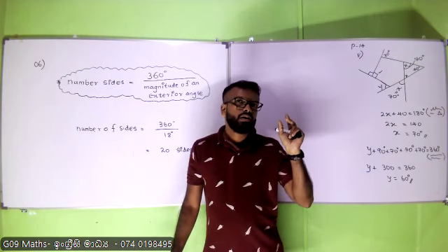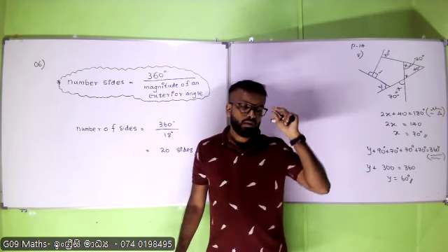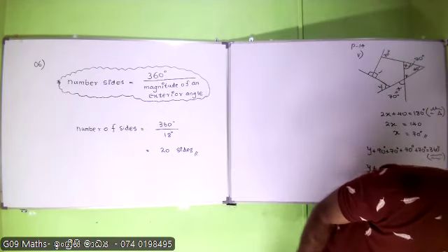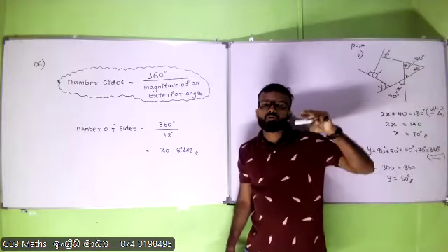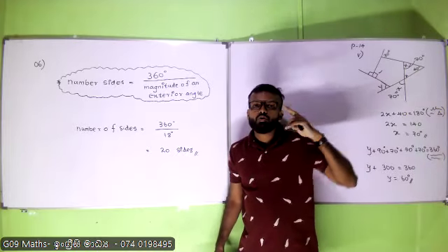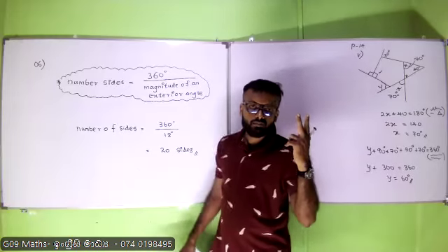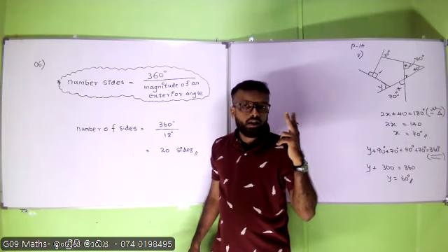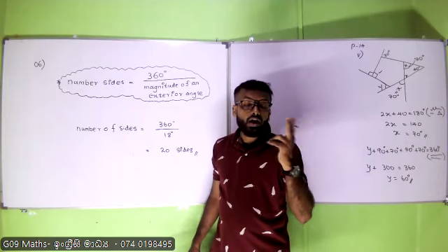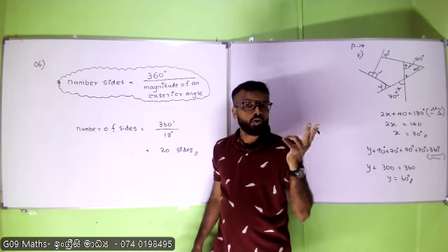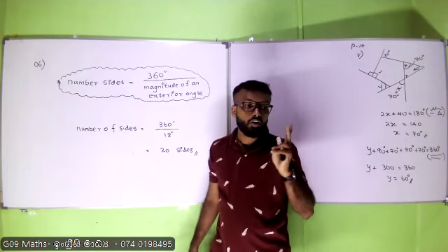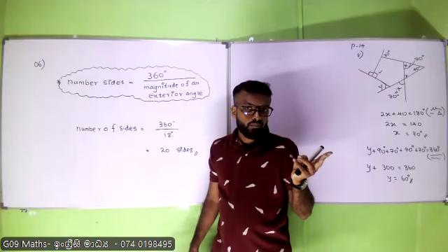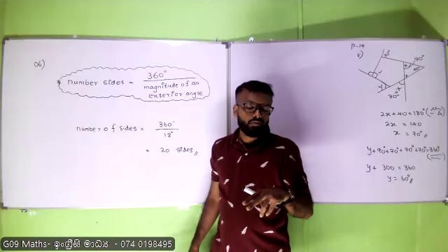For a regular polygon, all the sides are equal in length, and all the angles are equal in magnitude.